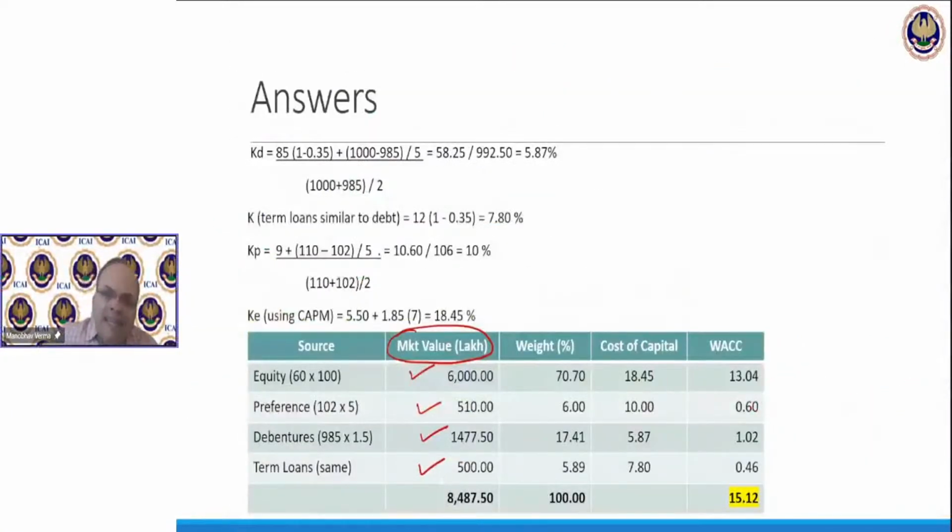So we need that weightage. What is the proportion of the total of 8487.5 for each of the components? So 6,000 divided by 8487 gives you 70.7% and so on. And every component is just multiplied with the cost of capital we calculated.